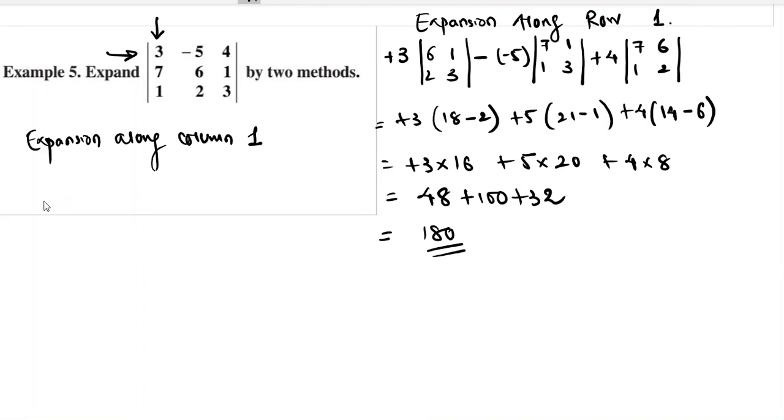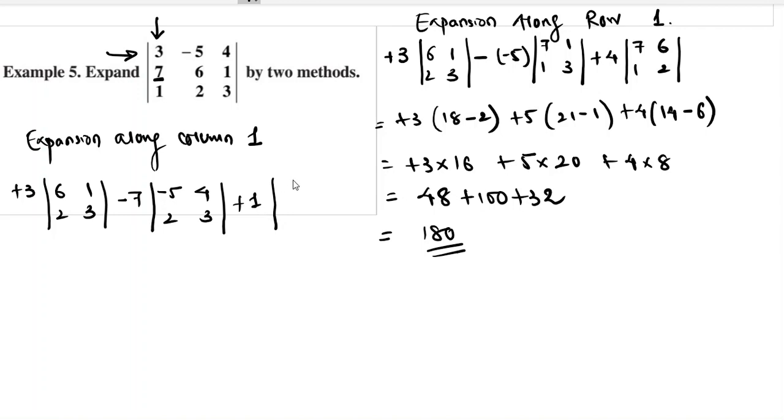Okay, so first plus 3 bracket 6 1 2 3, then I'm going to take minus 7 bracket determinant. First column and second row will get cut, and I'm going to write minus 5 4 2 3 as it is, and then it will become plus 1 bracket determinant of minus 5 4 6 1.